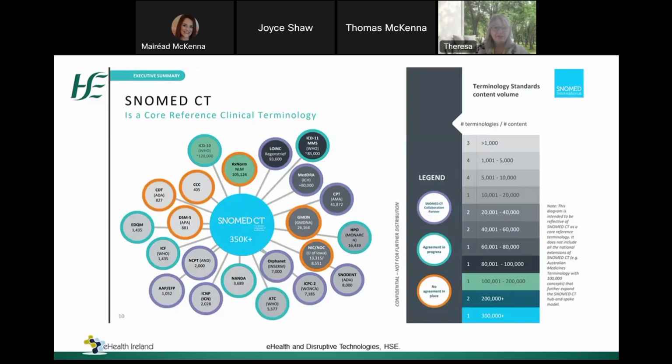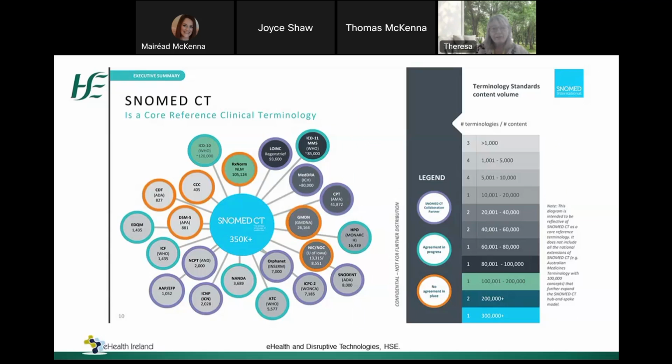SNOMED CT, as many of you may know, is not the only show in town. There are a number of other reference terminologies. One of them is LOINC, which is quite an important one for labs. We have RxNorm, which is to do with medicines. MedDRA, also to do with medicines. Orphanet, to do with rare diseases. NANDA, to do with nursing. ICNP, to do with nursing.